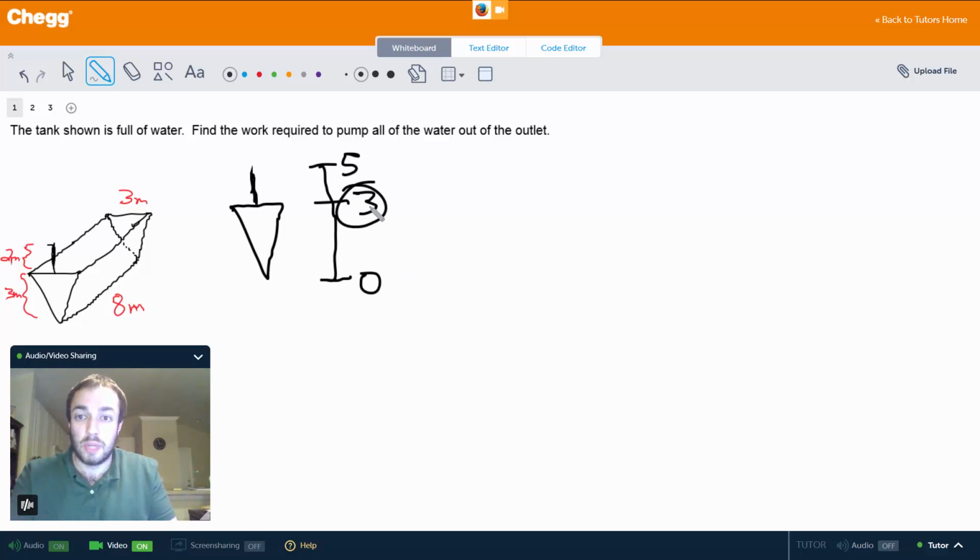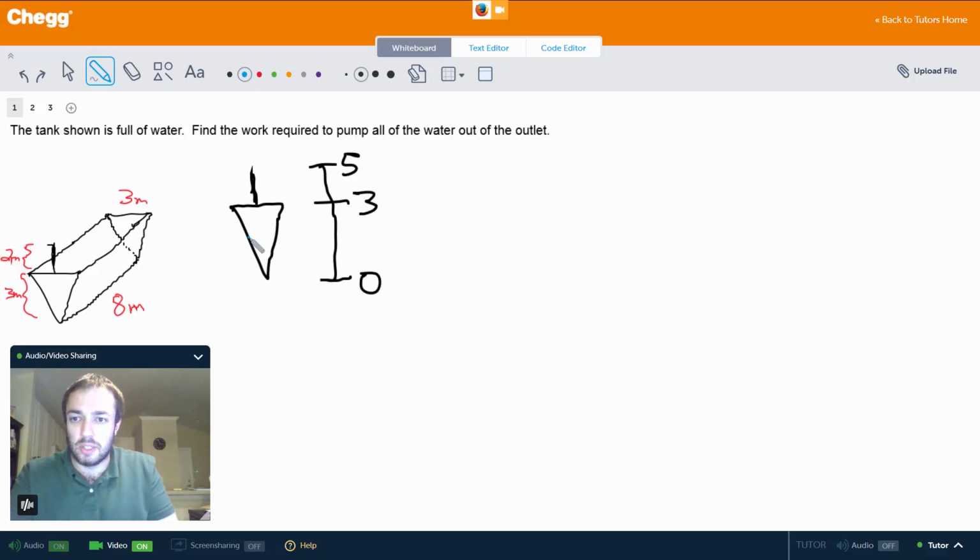Technically you can put 0 wherever you want, but for this problem I feel it's best down here. Now let's examine one little tiny sliver.